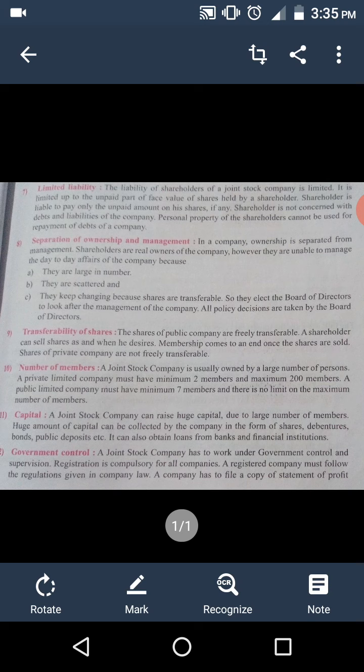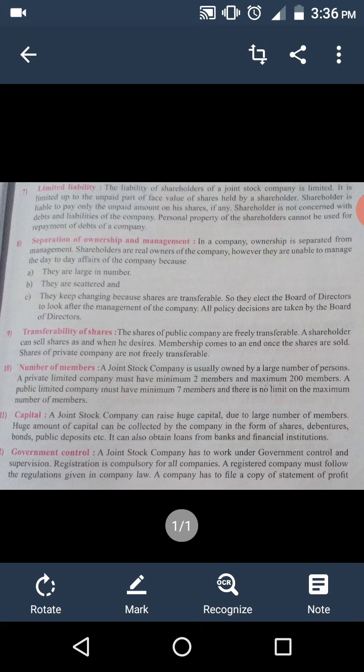So for unpaid part, suppose Mr. X subscribes or buys a share in Alpha Limited company of rupees 100, but out of which he pays to the company at the time of application money and call money rupees 80.